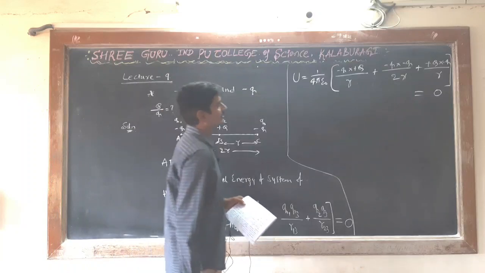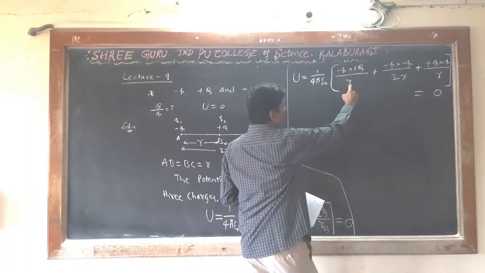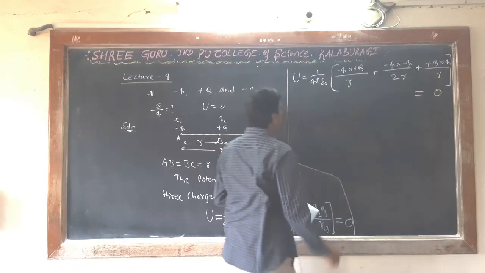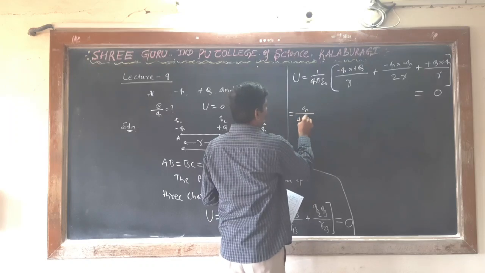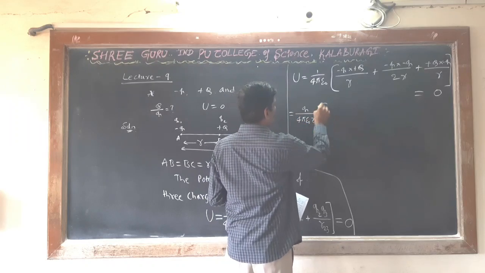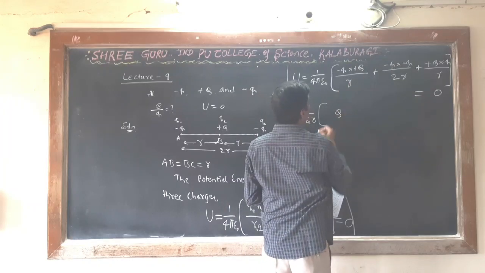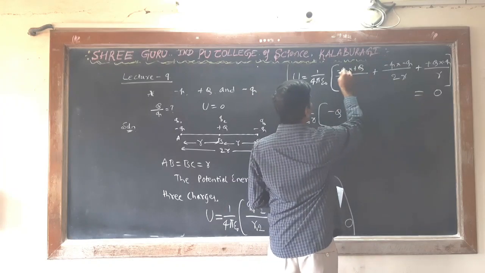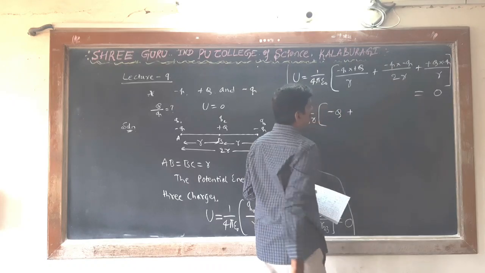So therefore, now take q by R common. So that is q divided by 4 pi epsilon naught R taken common. Here it is only minus Q, plus into minus is minus, minus q into minus q, minus into minus is plus, so plus only.